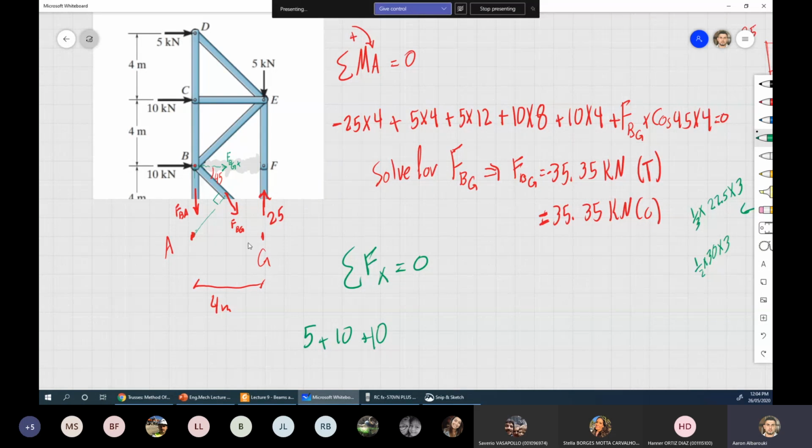Assuming this is going the same direction, we didn't fix the direction yet, plus FBG cosine 45 equals 0. That means FBG equals all of those divided by cosine 45.